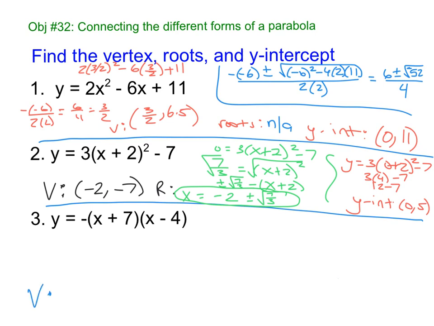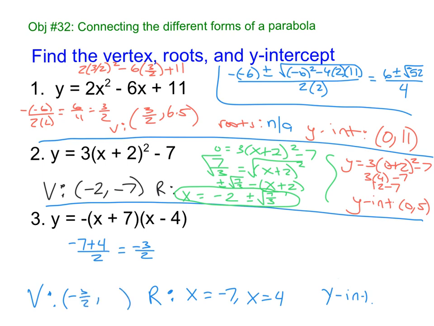So vertex, roots. In this one, the roots are easy. What are our roots? Negative 7 and 4. And then how do we find the vertex? We add them, divide by 2. So negative 3 over 2. So it is a fraction, and then plug in.